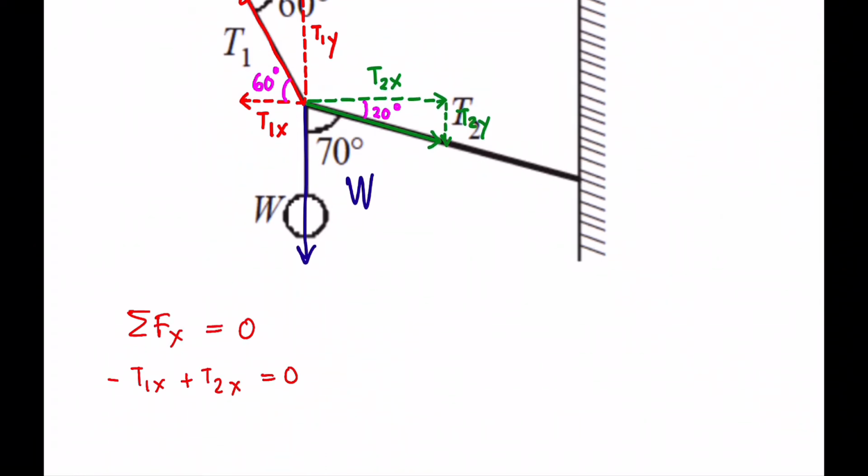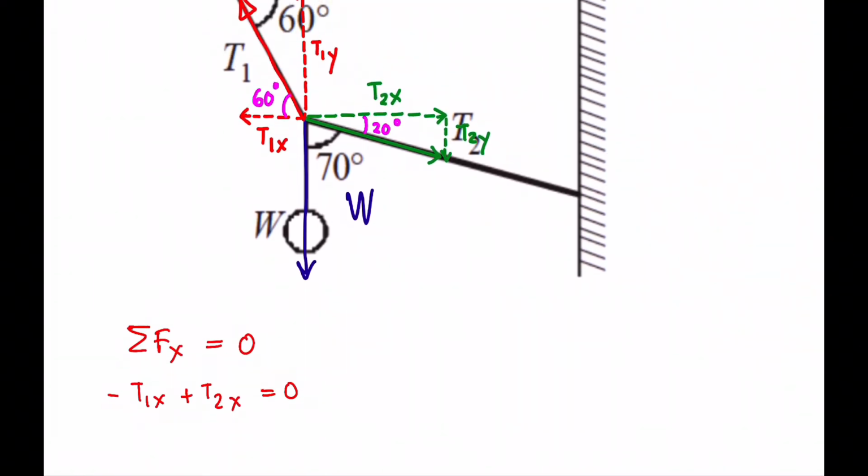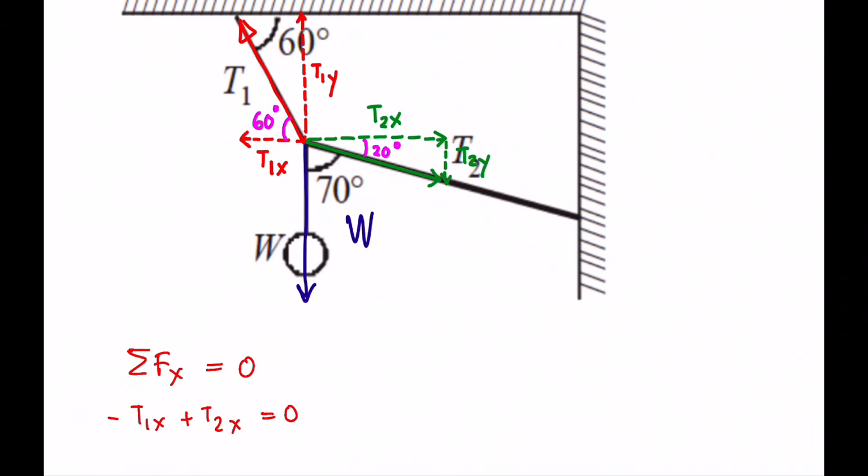Now we also set up our equation for the y-axis. So the sum of the forces on the y-axis should also be equated to 0, because there is no motion along the y-axis. And what are those forces along the y-axis? We have T1y, that should be positive because it points upward.